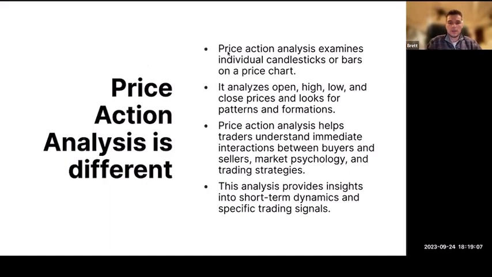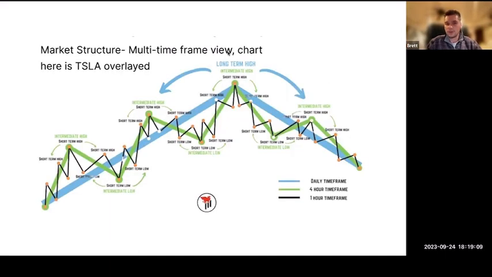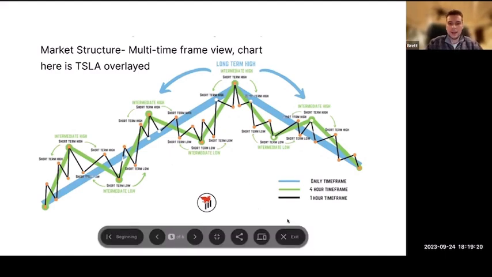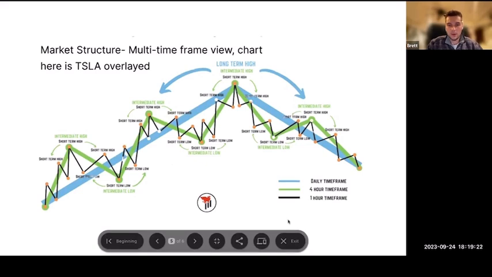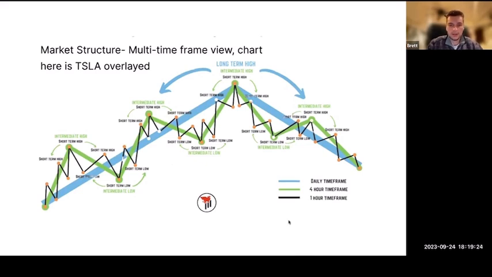So now that we understand that, let's move on to what market structure actually is. And this is going to bring us into some actual charts. So market structure is not about only looking at one larger time frame, the daily time frame. It's about also looking at those smaller time frames. So this is a Tesla chart that's overlaid.